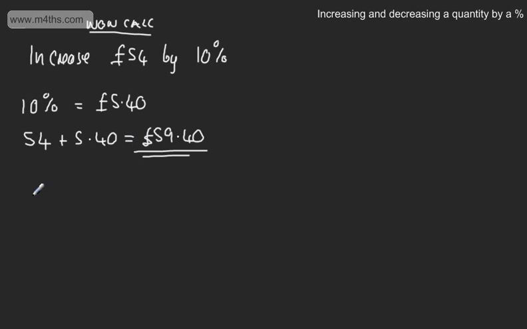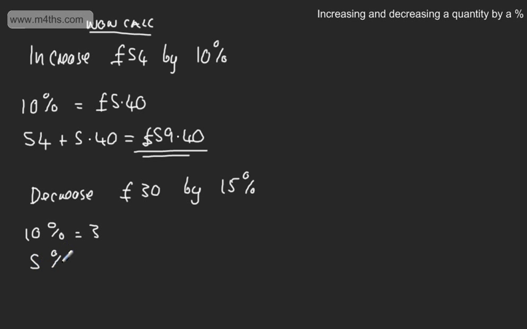So if I wanted to decrease, let's decrease £30 by 15%. We know that 10% is going to be equal to 3. 5% would be equal to half of this, which is 1.5. So combined, this is going to give me 4.5.